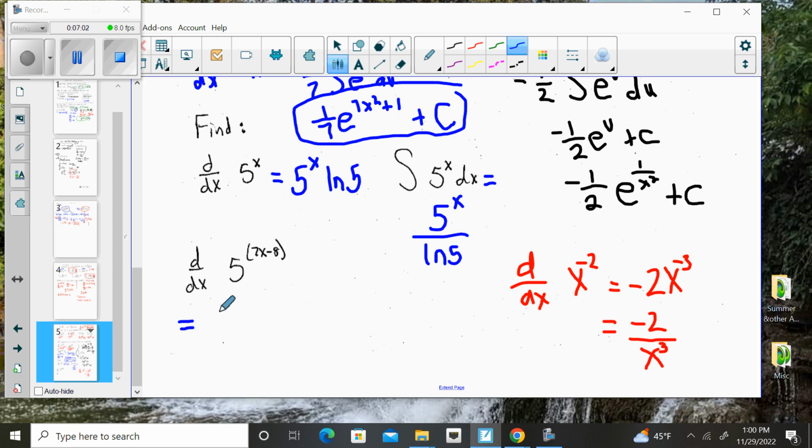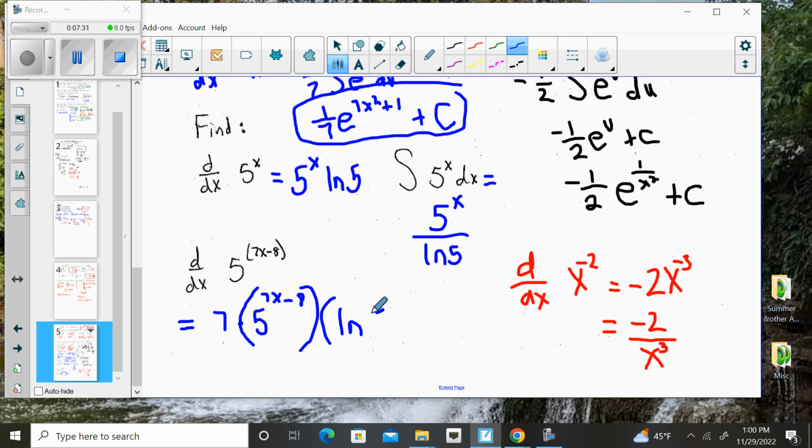I need the 7 for the derivative of the function. Then I have 5 to the same power. And then times, it's not a bad idea to put these things in parentheses so we don't get confused, the natural log of 5.